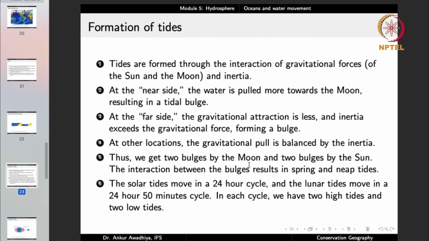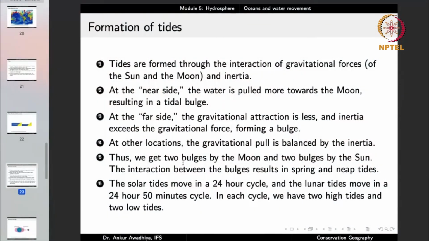Thus we get two bulges by the moon and two bulges by the sun. The interaction between these bulges results in spring and neap tides. If the sun is resulting in a high tide and the moon is also resulting in a high tide, both of these impacts add together to make an even higher tide.